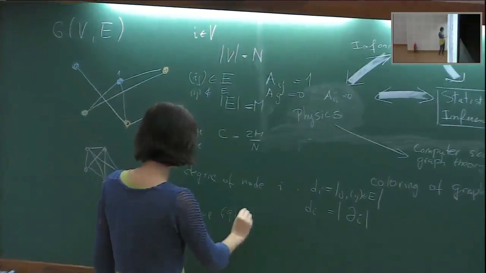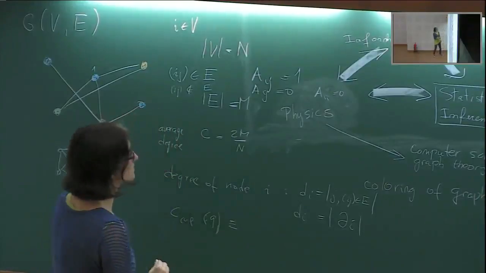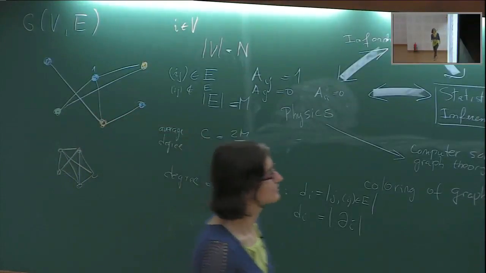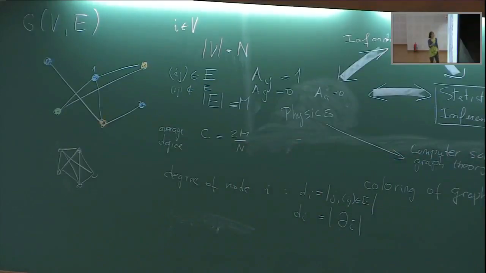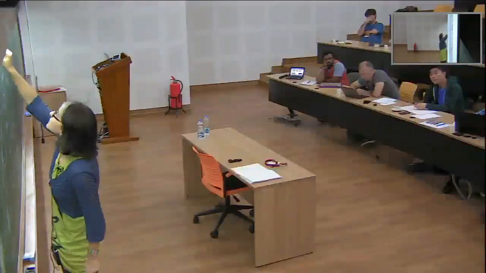I should not be writing the definition here because it goes for the random graphs, but okay, you write it somewhere with the random graphs. So it's defined in this way.